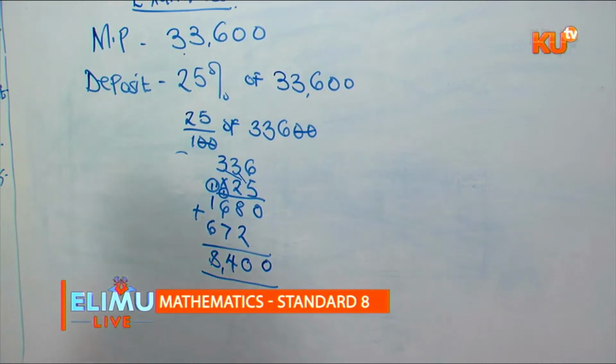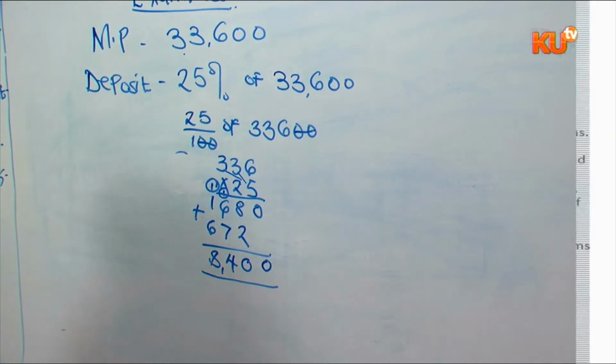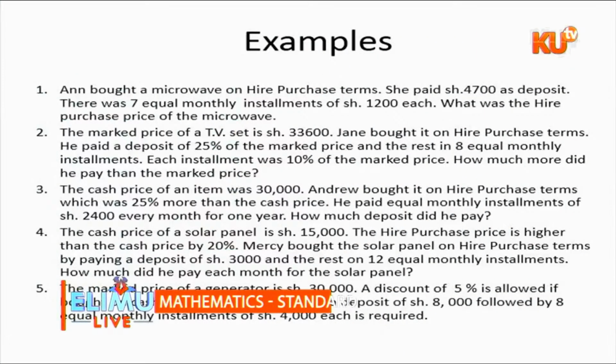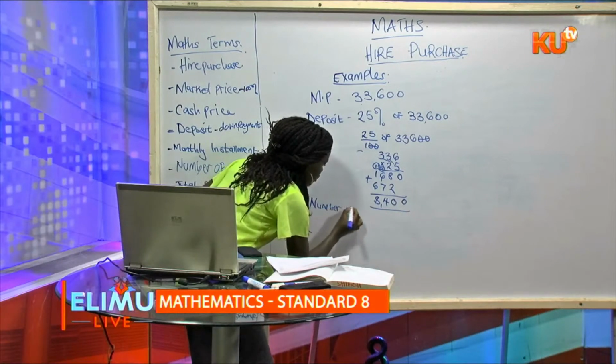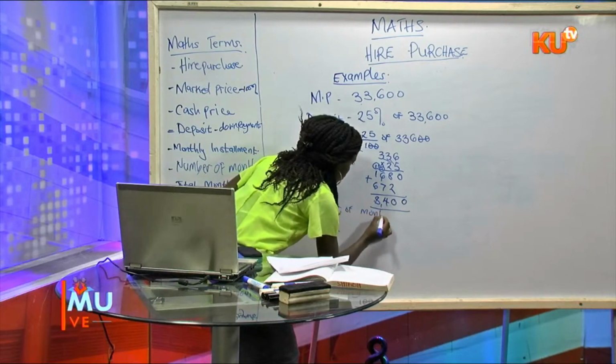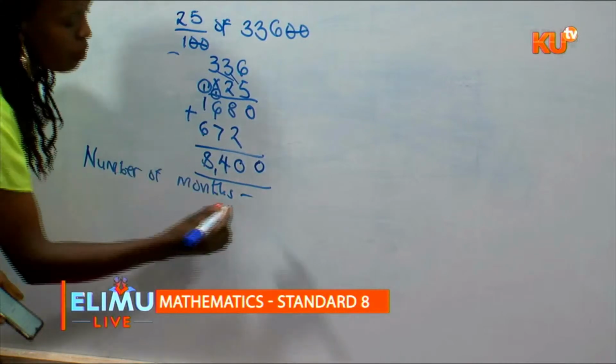We continue with our question. Then the statement continues and says that the rest is paid in 8 equal monthly installments. So we have the number of months. Number of months: 8 equal monthly installments.